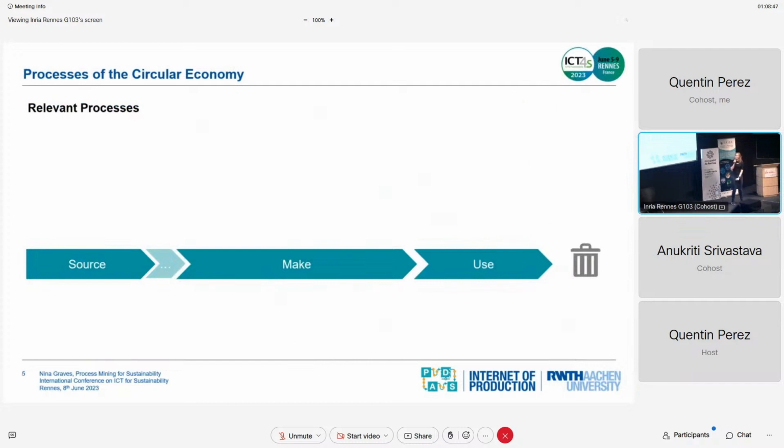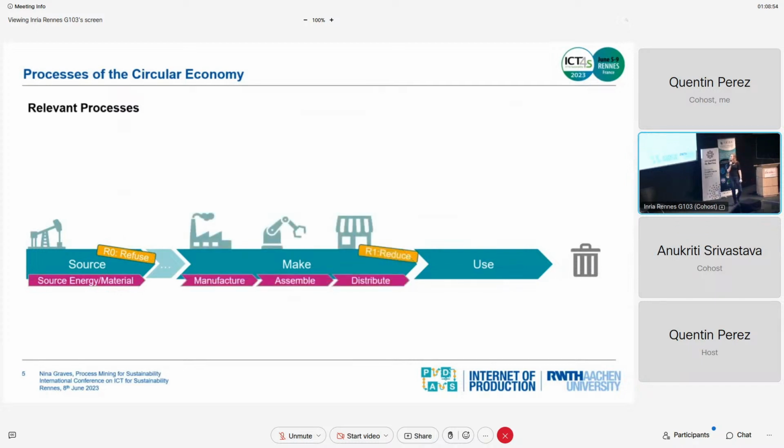So what are our relevant processes in this? We have processes regarding the sourcing of materials. We have processes where we manufacture these materials, assemble them, and distribute them, so we give them to customers. During utilization, we can of course maintain and repair things.